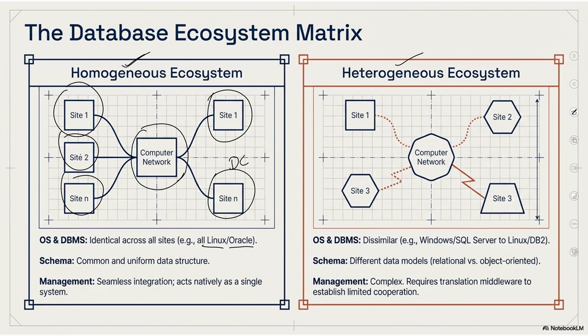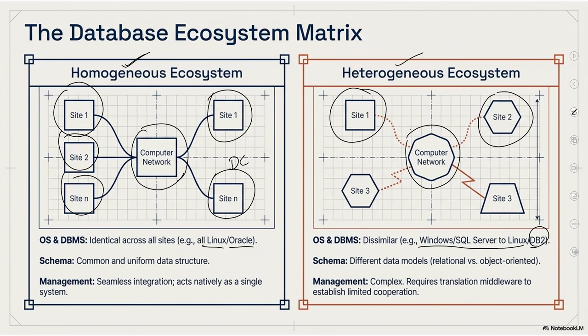Now the next part is called the heterogeneous ecosystem. This is totally different from homogeneous. Here, we save our applications in different data centers, and they follow different operating systems as well as different databases.